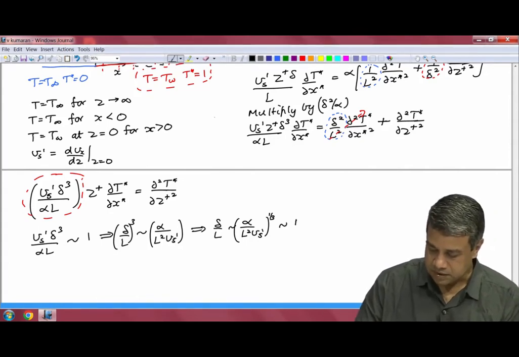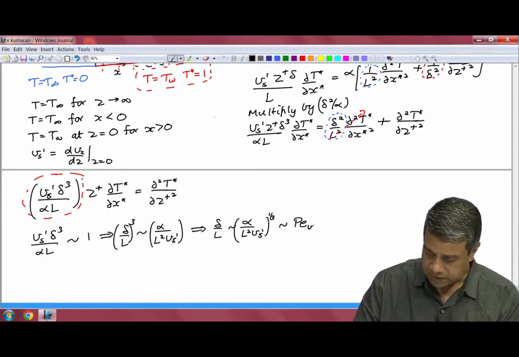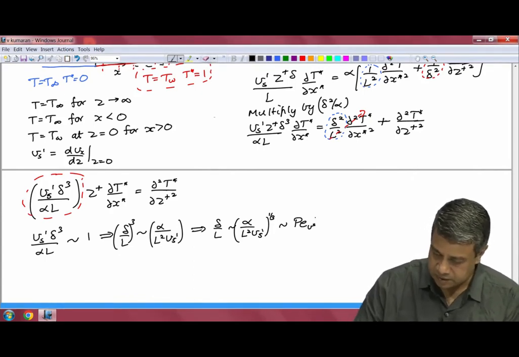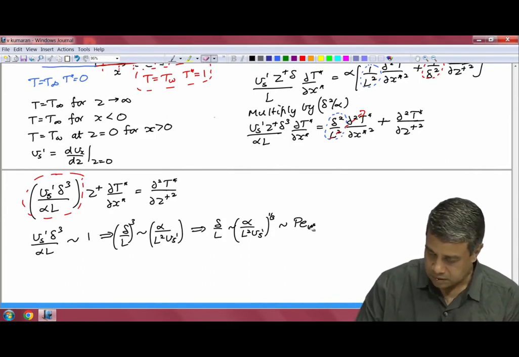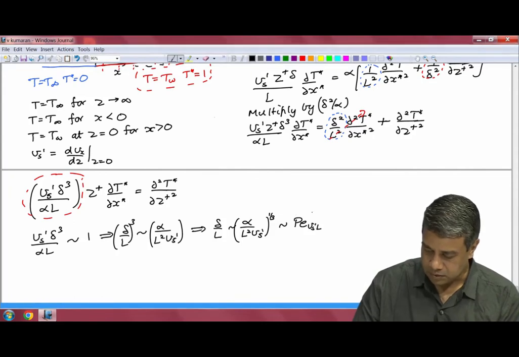which is the Peclet number based upon Vs prime, whole power 1/3.